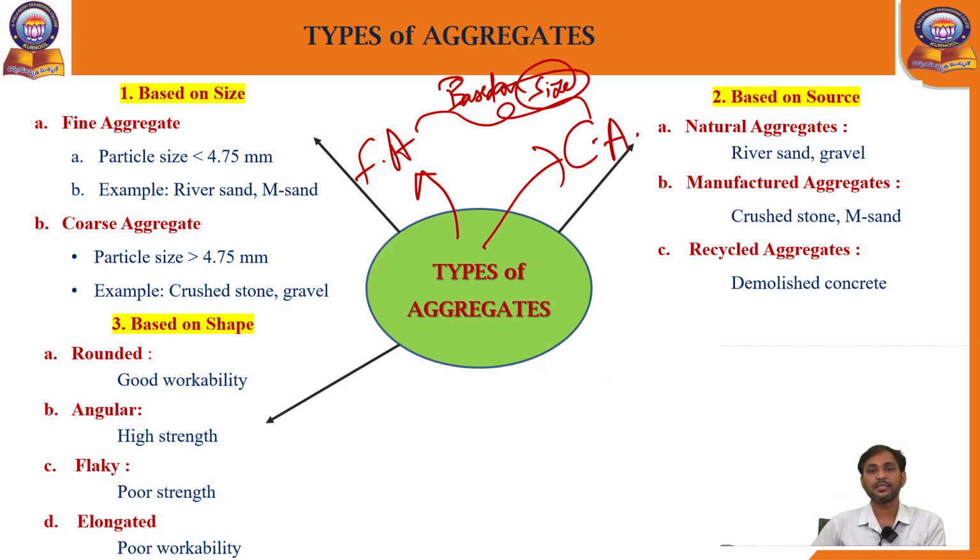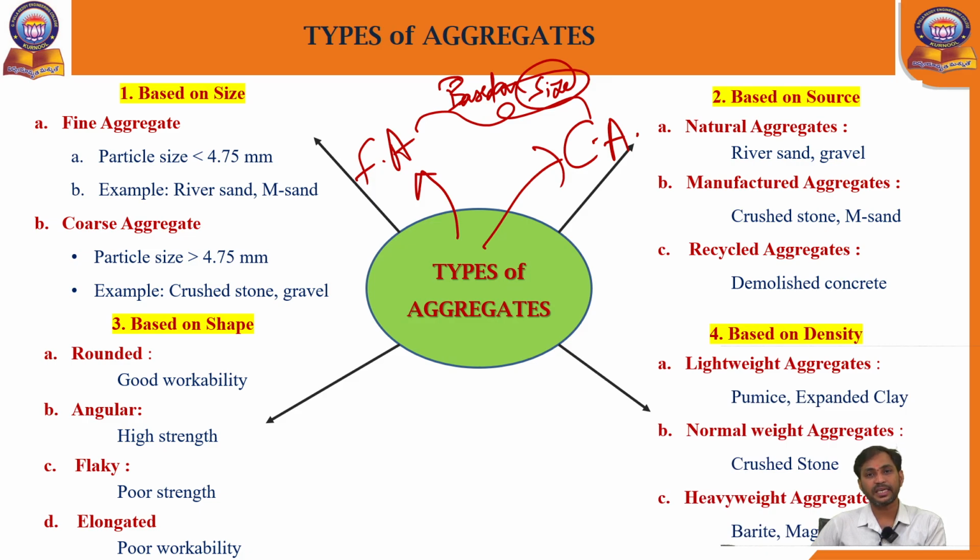And the fourth one is according to the density, nothing but weight: lightweight aggregates, normal weight aggregates, and heavyweight aggregates. And the last, fifth one, is classification based on surface texture.